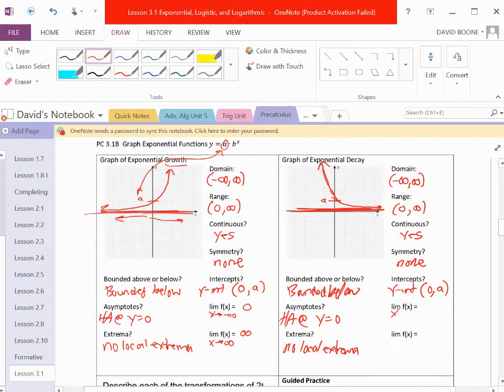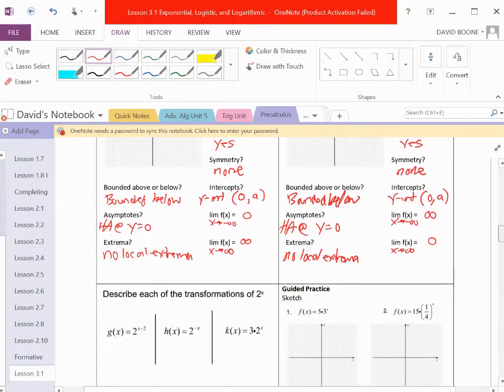The limit here as x approaches negative infinity: again, as I go this way in the x direction, the graph goes up to infinity. And as I go this way, x goes to positive infinity, the graph levels off at 0. All right, so kind of a quick review of that back from advanced algebra.